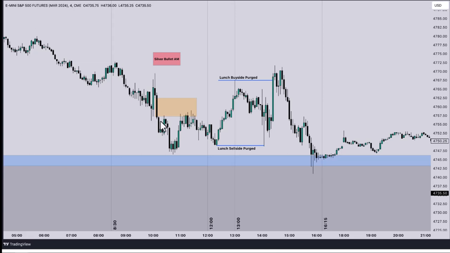This would already be in a discount. What you're trying to do is sell on a premium so you can buy on a discount. So you don't go for these fair value gaps that are lower, at the end of the swing low. You go for equilibrium and anything above that has a fair value gap.